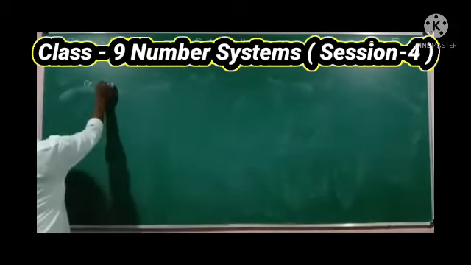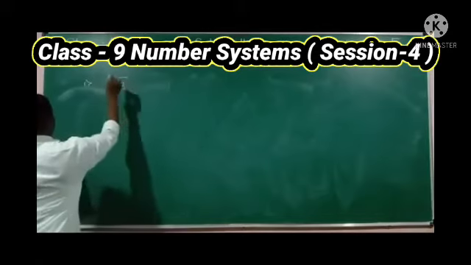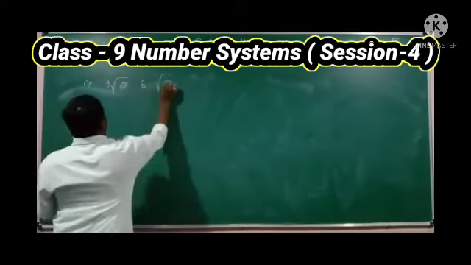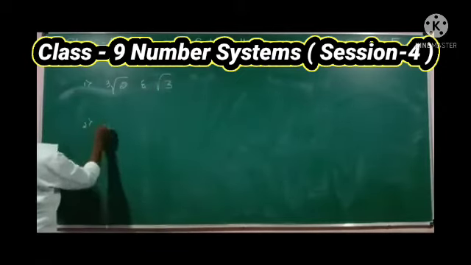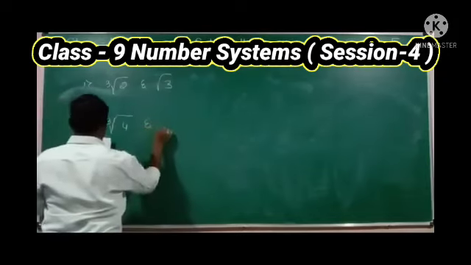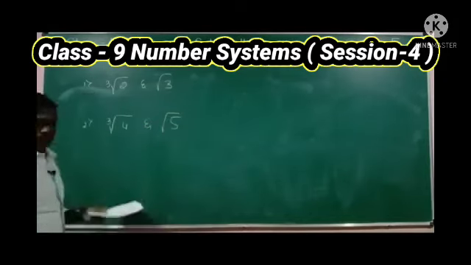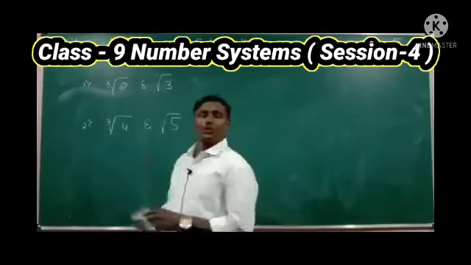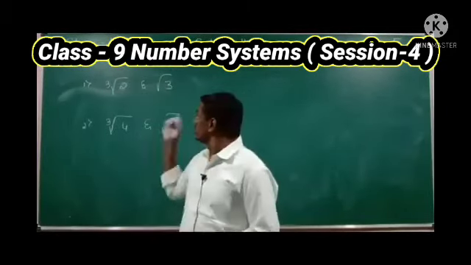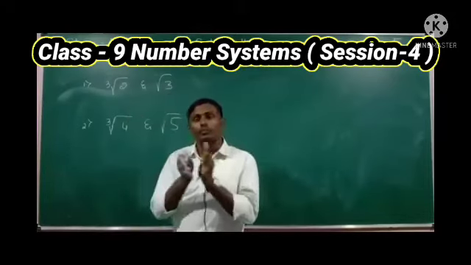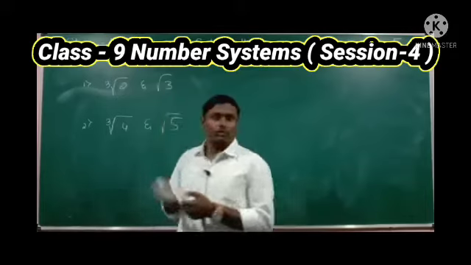The first one is cube root of 2 and root 3. Second one, cube root of 4 and root 5. Okay, here two questions are given, both are irrational numbers and having different powers. We need to compare the given numbers, right?